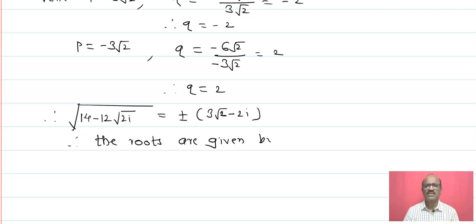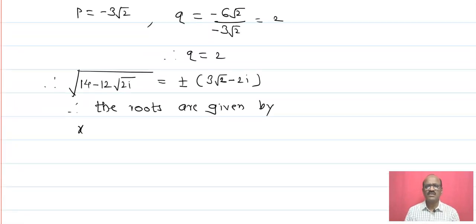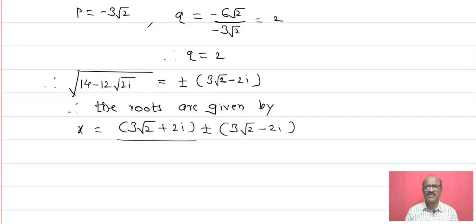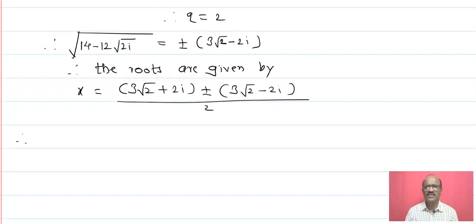Therefore, the roots are given by x is equal to minus, that is minus minus becomes plus, (3 root 2 plus 2i) plus or minus in bracket (3 root 2 minus 2i), divided by 2.